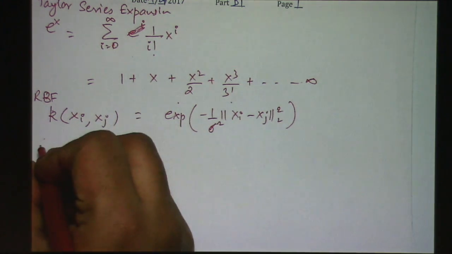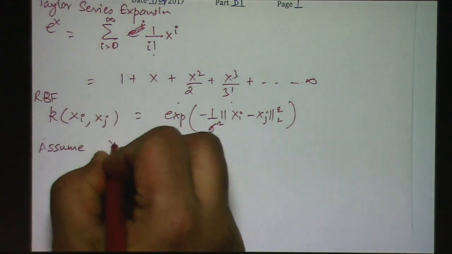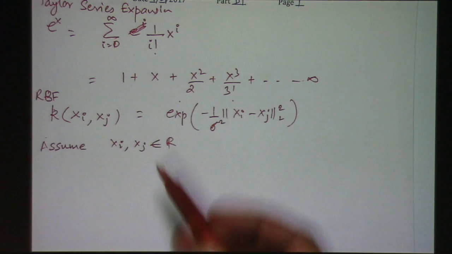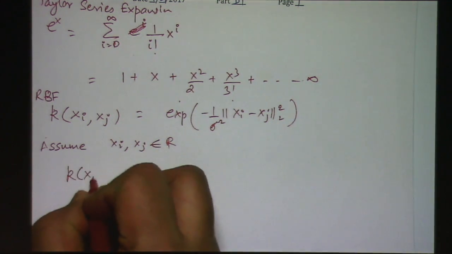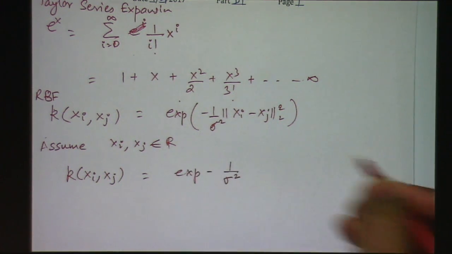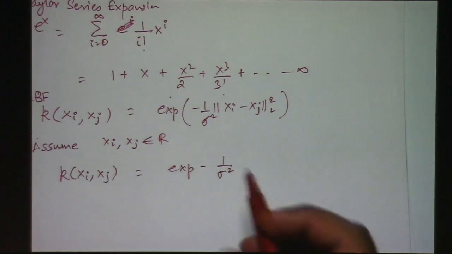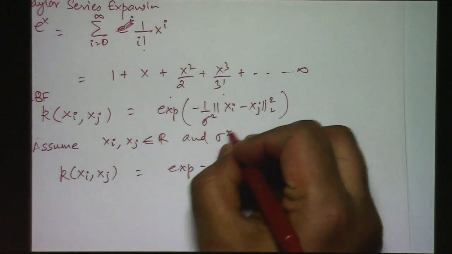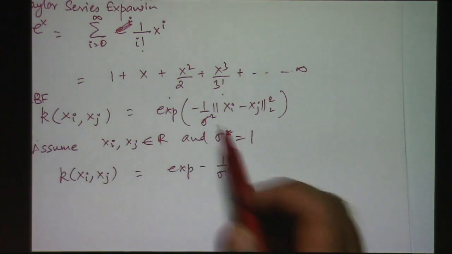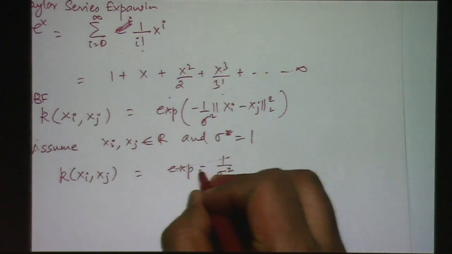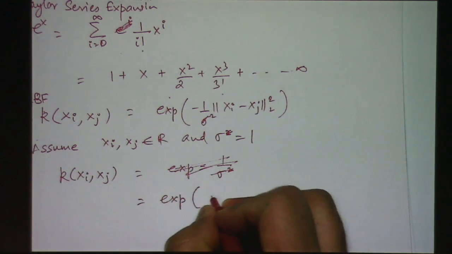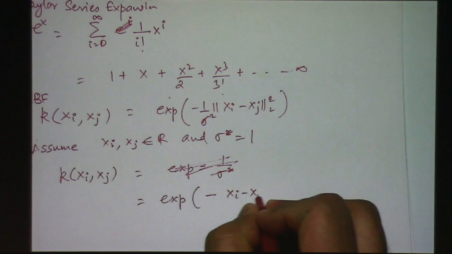For this result, we assume xi and xj are in one-dimensional space, and you can extend it to d-dimensional space. Just for the sake of not writing too many things, I'm going to assume sigma is 1, but that doesn't really matter because sigma is just a constant for us, but that will just help me write things a little easier. So this is nothing but exp of minus (xi minus xj) squared.